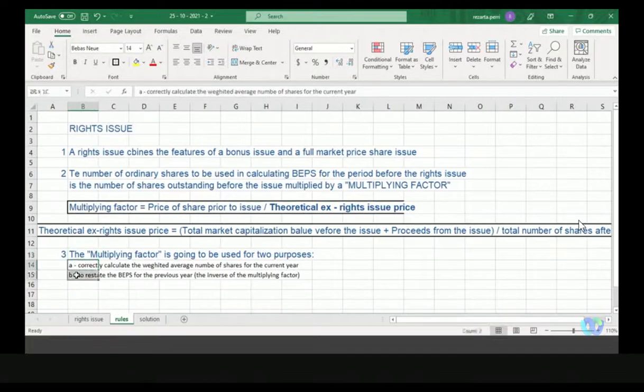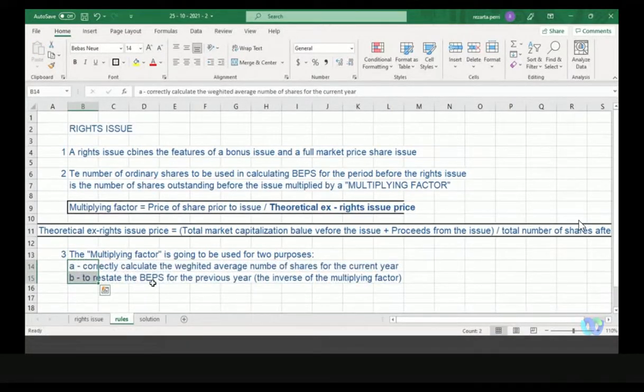So this is how we use the multiplying factor for the two purposes, and this is the same use that we make of the bonus factor.